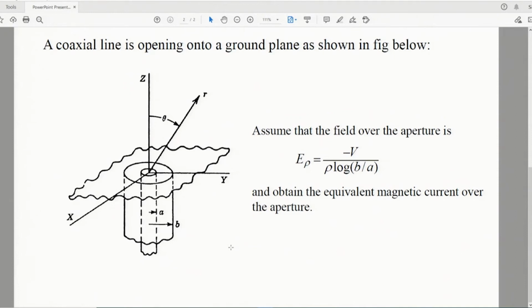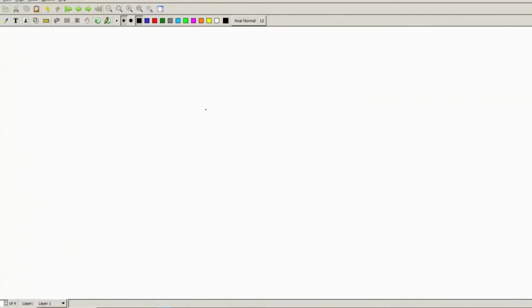We will solve this problem in a similar manner using the equivalence principle. So let us start solving this.